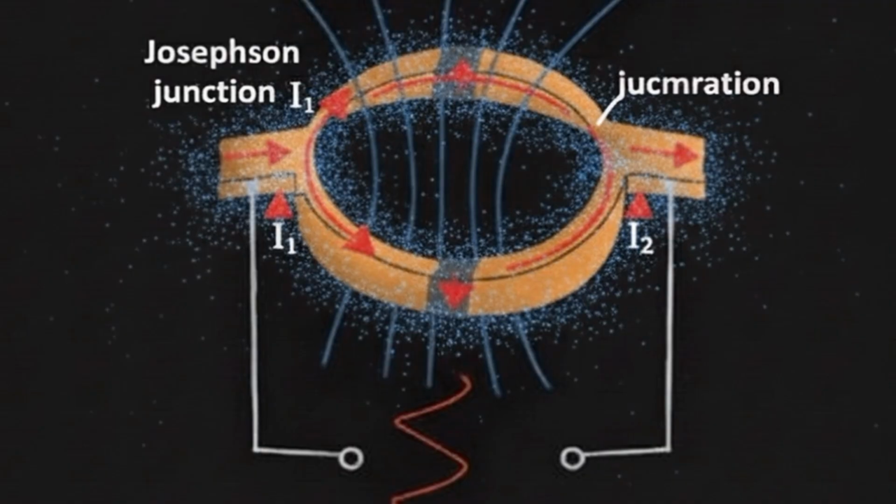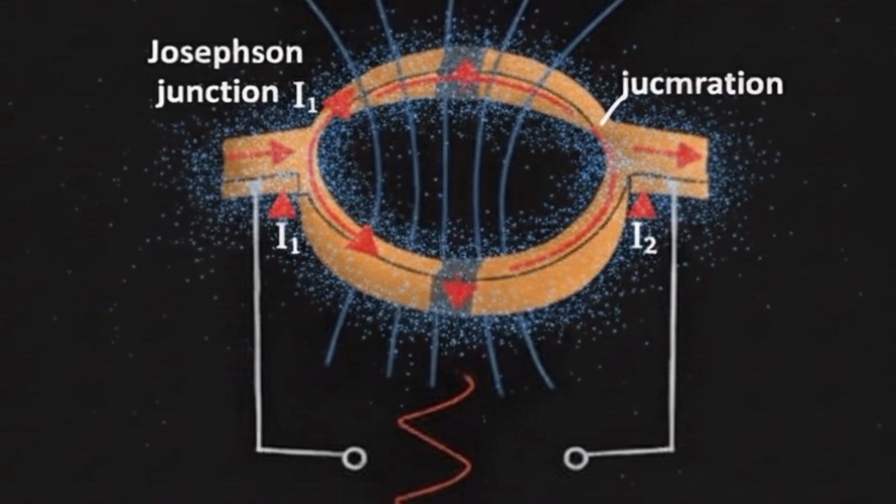Well, the answer to this question is the Josephson junction. They place a small barrier of semiconductor in the superconducting loop, and that is called the Josephson junction.